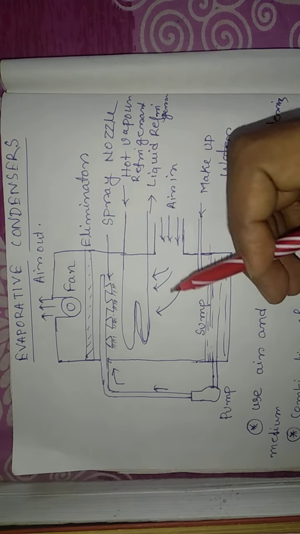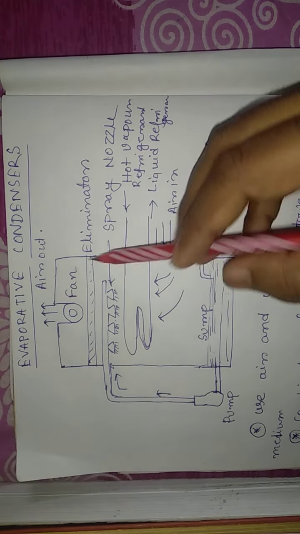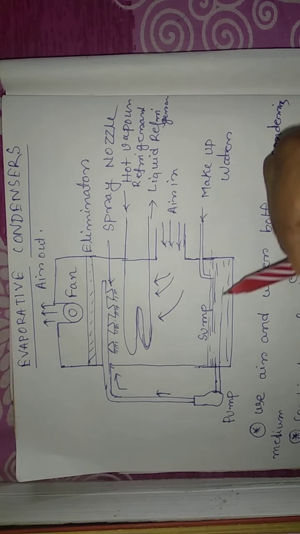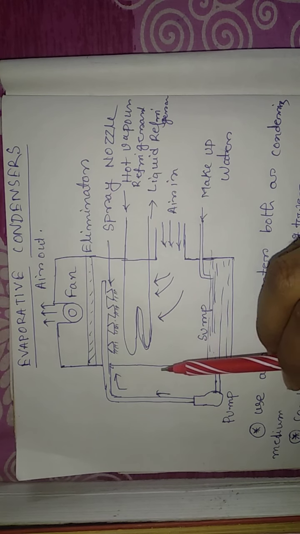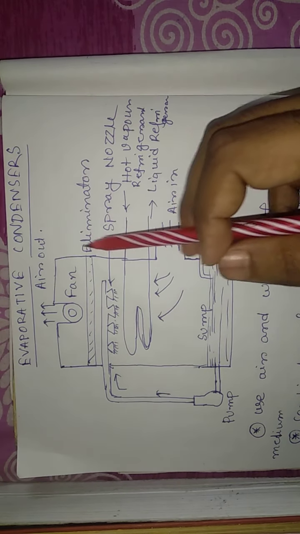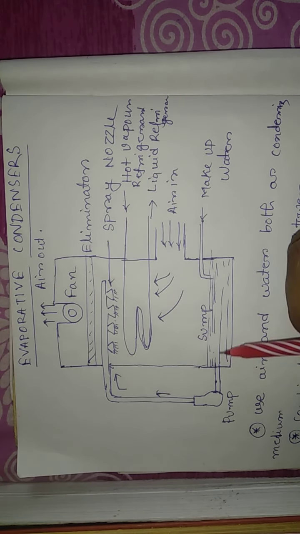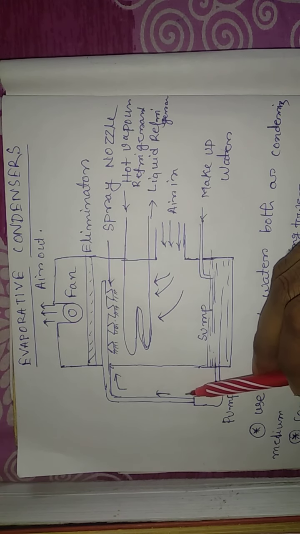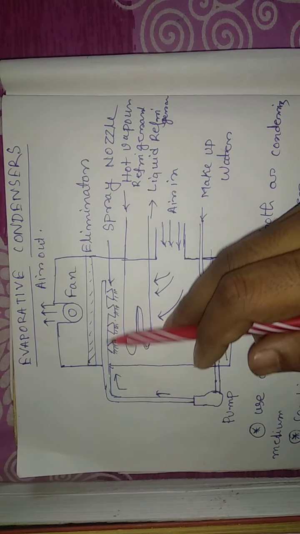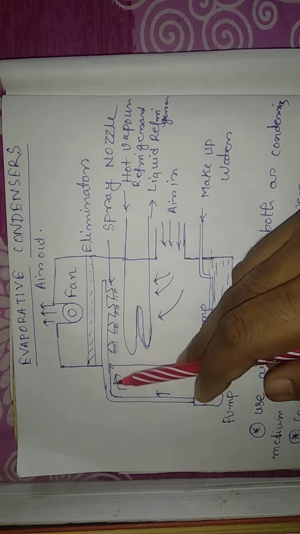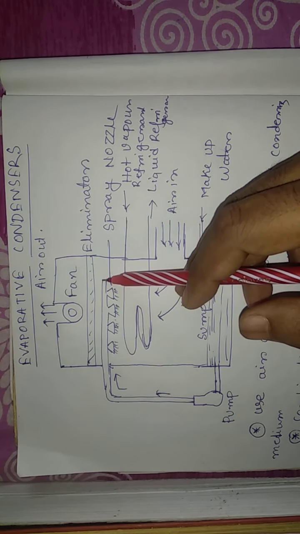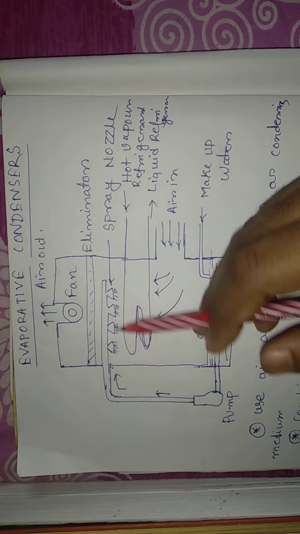Now, as you see, this is the construction of an evaporative condenser. Suppose this is the structure in which the pump is here. The pump is connected with the pipes of the spray header, and the spray header is connected with the spray nozzles.